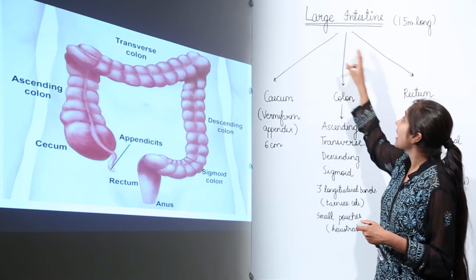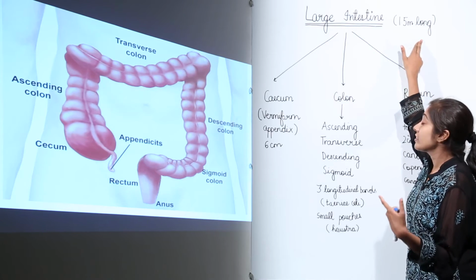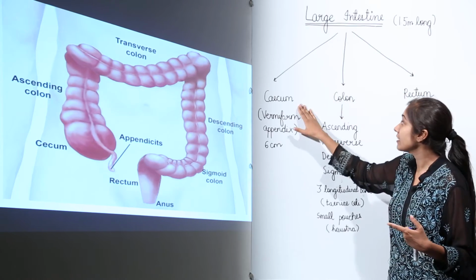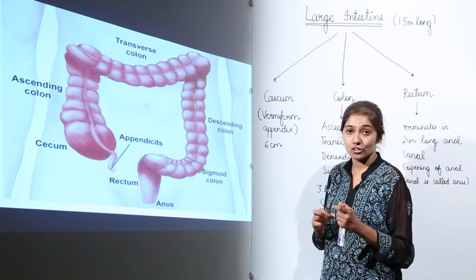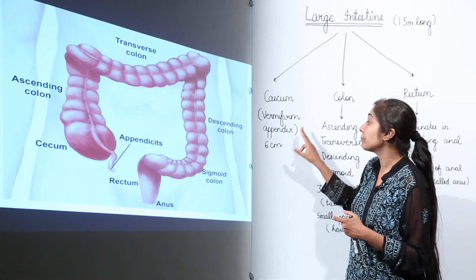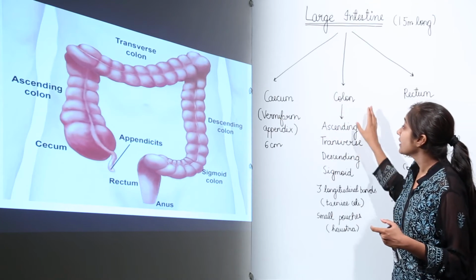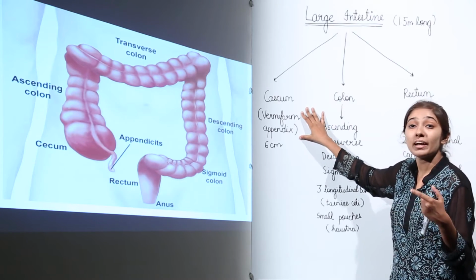So remember that the large intestine, which is 1.5 meters long, is divided into three parts, that is cecum, colon and rectum. The cecum has an elongation, this highly coiled structure that we call the vermiform appendix, right. And the inflammation of the appendix is known as appendicitis.